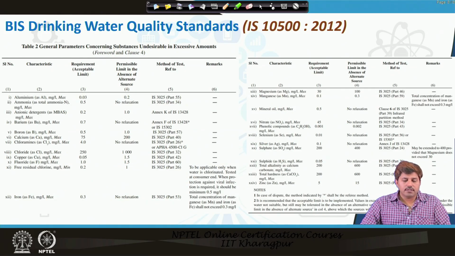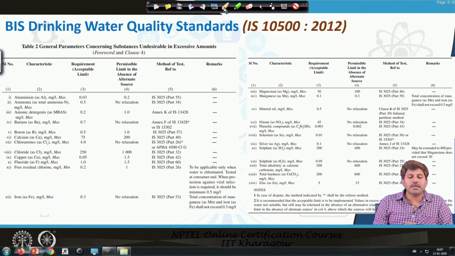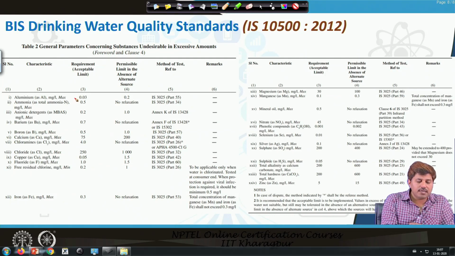These are the parameters listed in table 2. The table 2 is for the general parameters considering substances undesirable in excessive amounts. So, here you can see a lot of chemicals listed like aluminum, ammonium, then anionic detergents, barium, boron, calcium, copper, fluoride, iron.